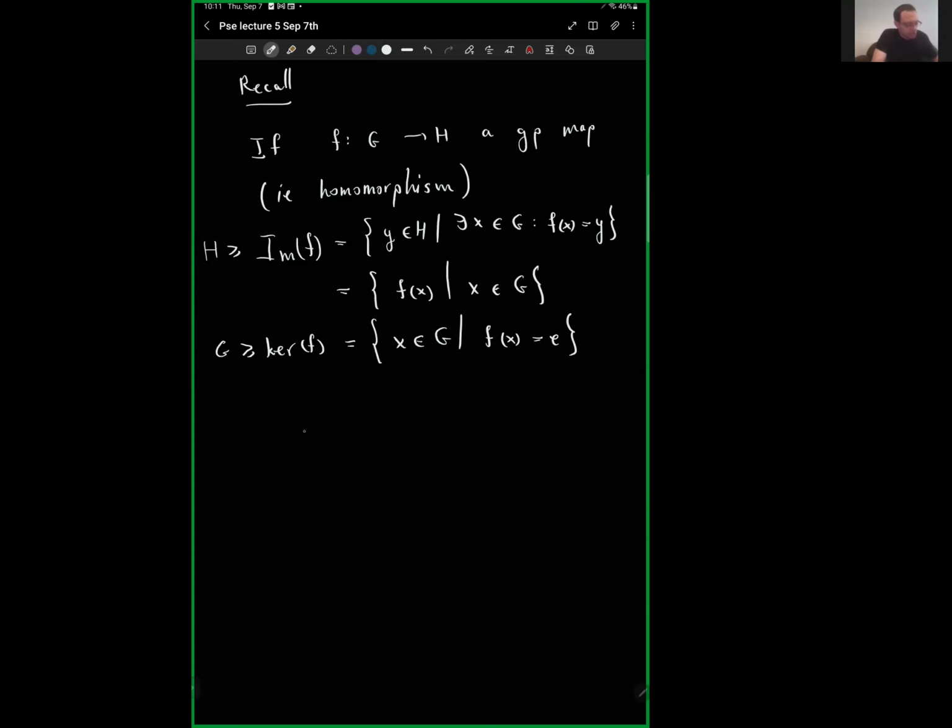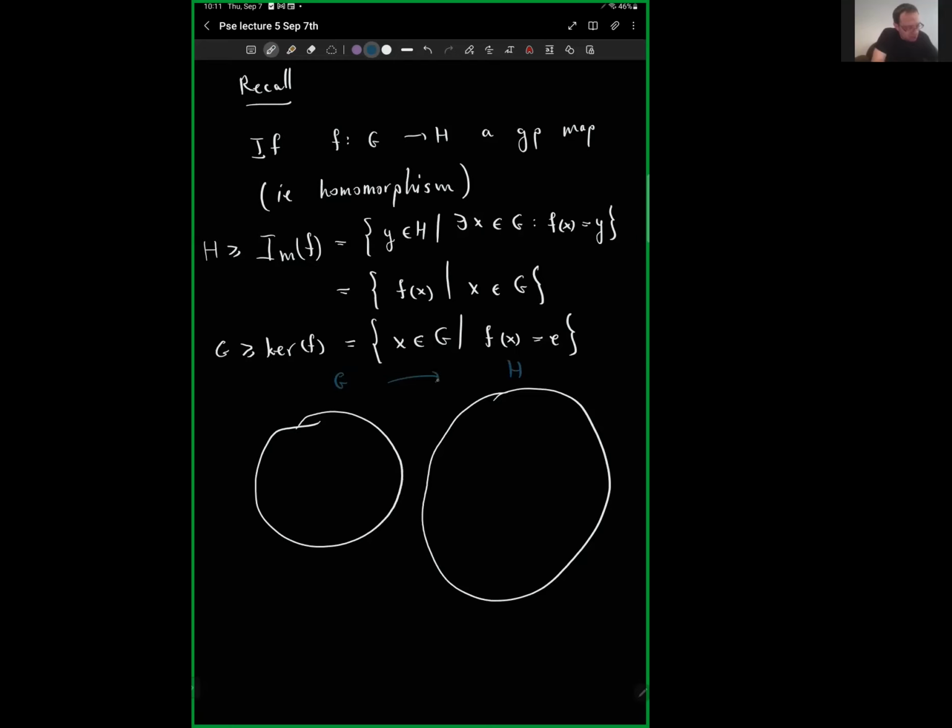And the picture is as follows. Here you have G and H. And let's say you have the neutral element here, E, here, E. Then the collection of all elements in G that go to E, this is the kernel.